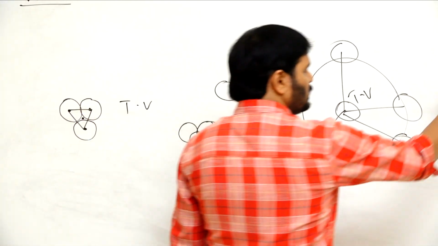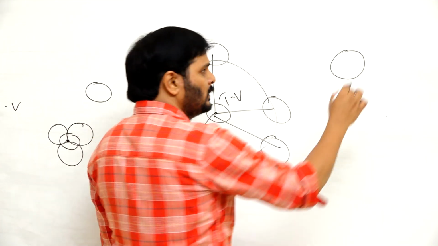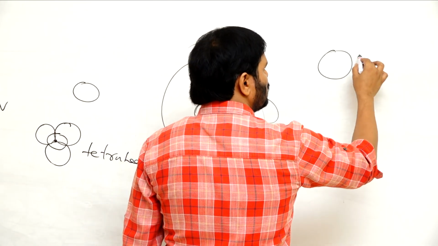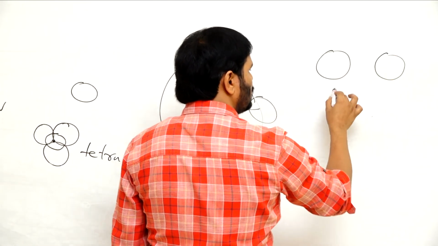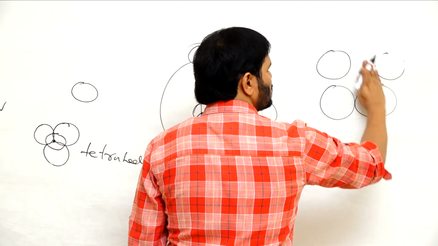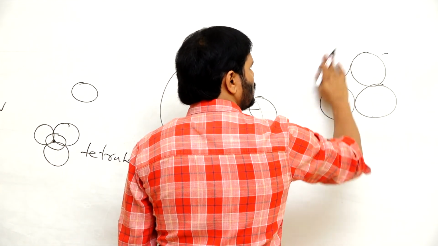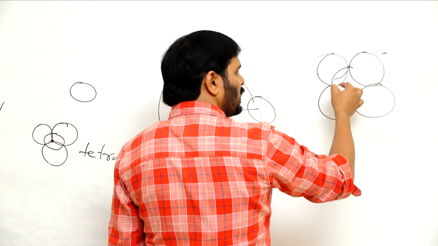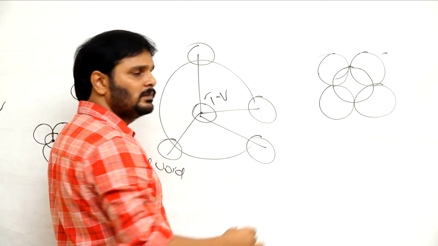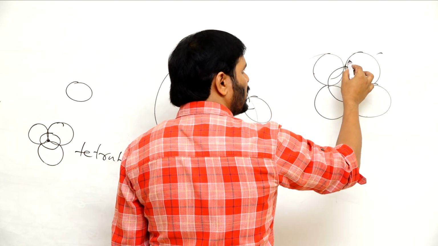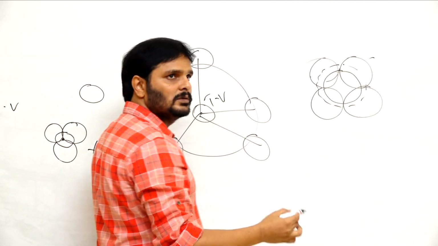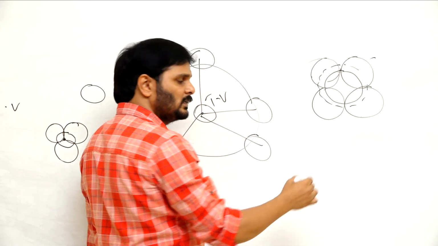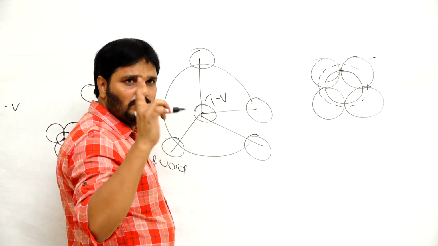Similarly, four atoms in contact, in a square planar arrangement. On the top of this, one more atom, and on the bottom, you have one more atom. So a total of 6 atoms forming one hole.